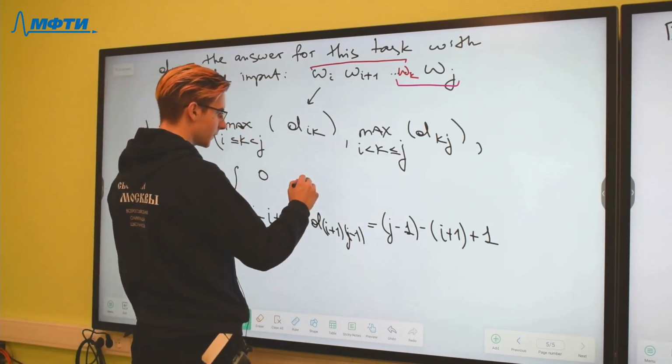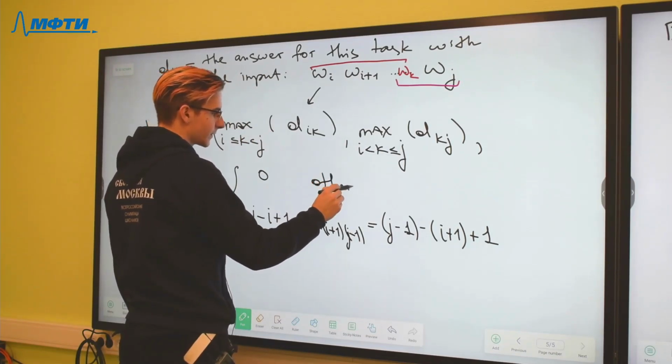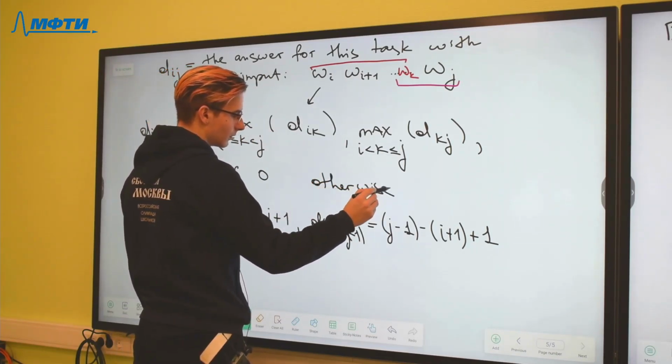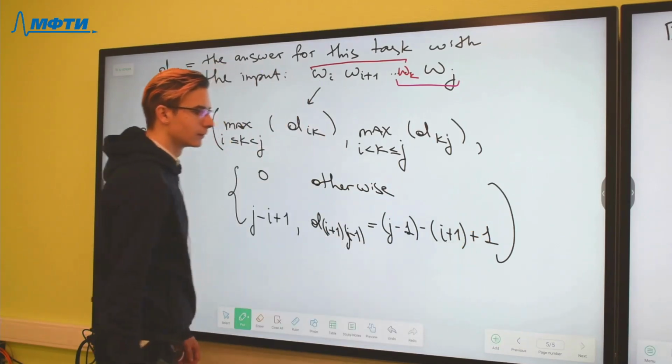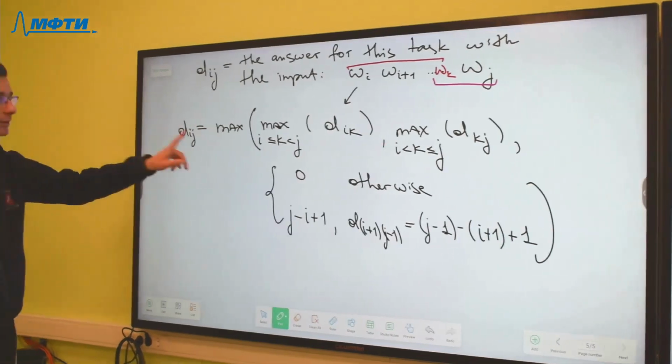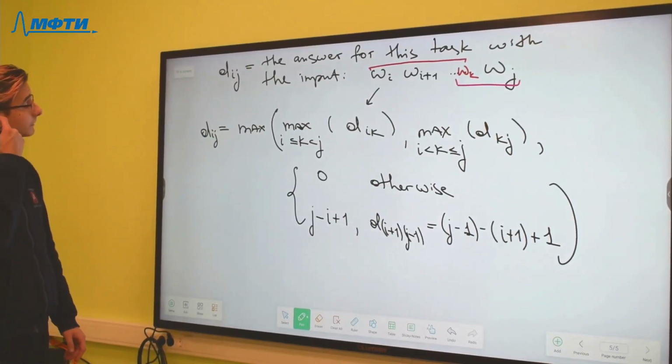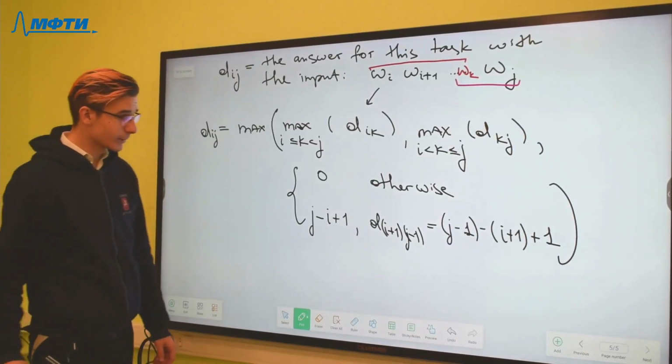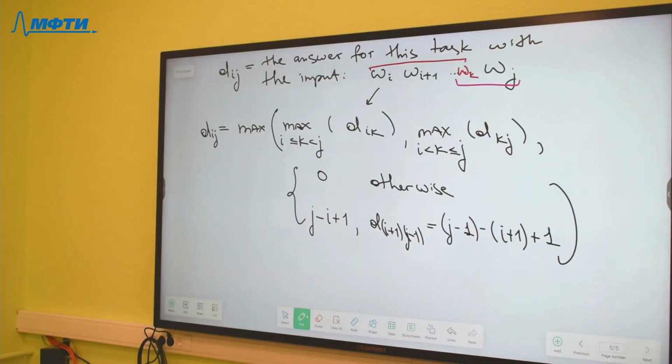And otherwise 0. So we see that, for example, if we know the answer for this subtask, we know the answer for the question.